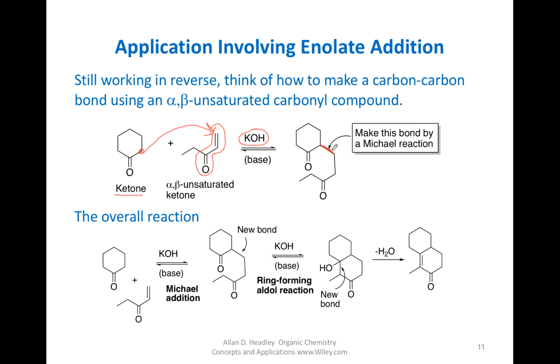So that's the strategy that we'll use to make molecules of this type. So the overall reaction is starting off with this ketone, cyclohexanone, in the presence of a base, and this alpha beta unsaturated carbonyl. Using a Michael addition, we can make that bond.